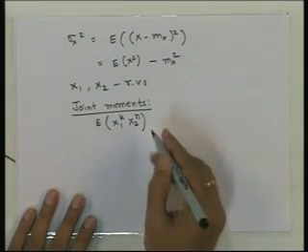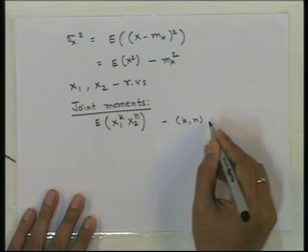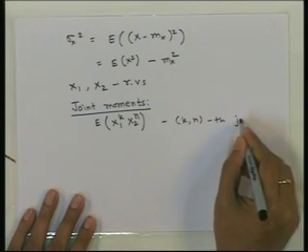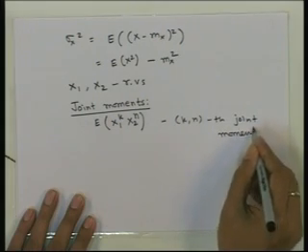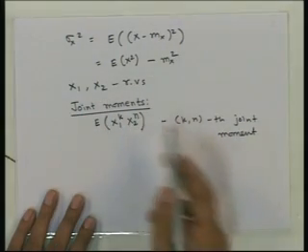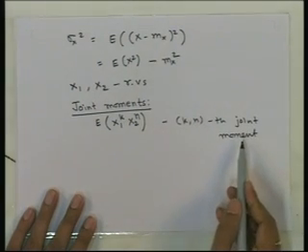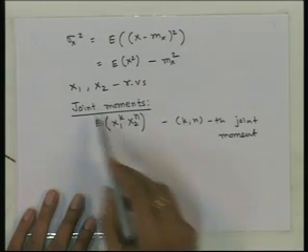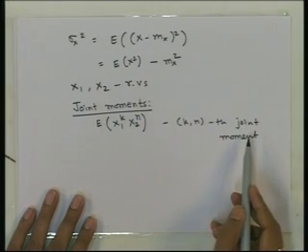So, this is the k nth joint moment. Previously, we had one random variable, one index, and we called it the nth moment. Now, we have two indices because there are two random variables, and we call it the k nth joint moment.